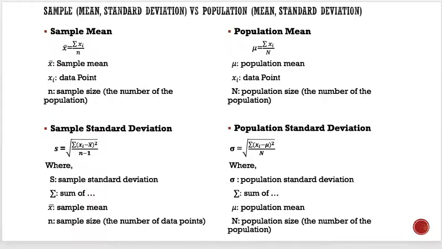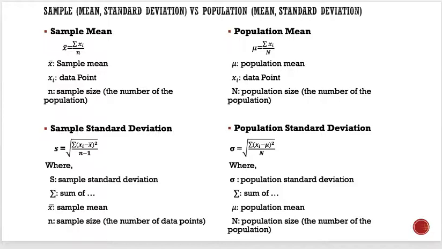Accordingly, there are 2 sets of formulas or notations for these 2 categories of statistics. Because the mean and the standard deviation are the most basic and important statistical tools, I only list these 2.